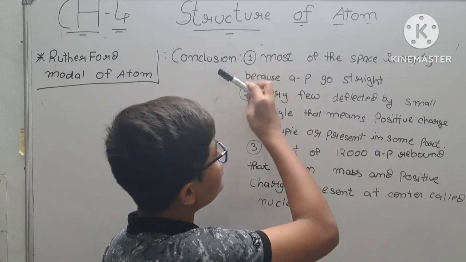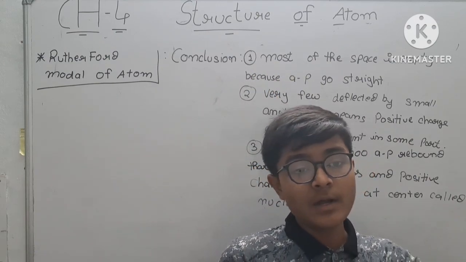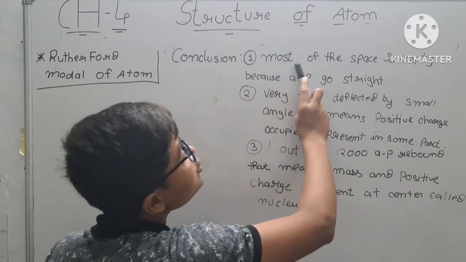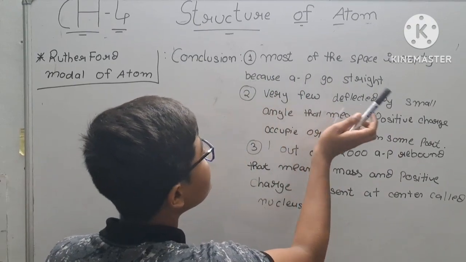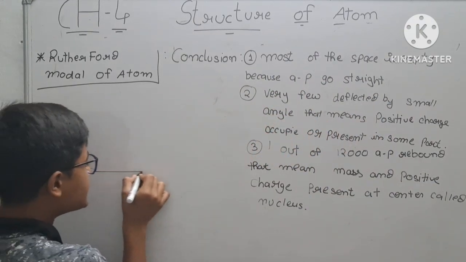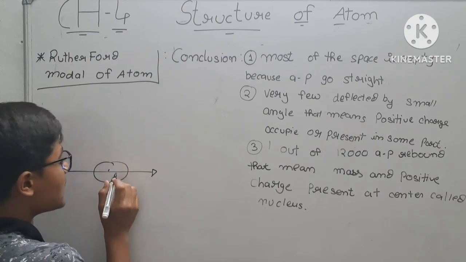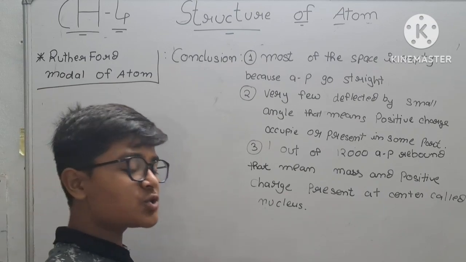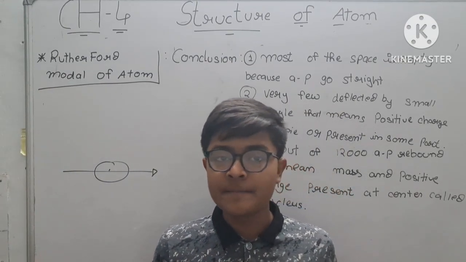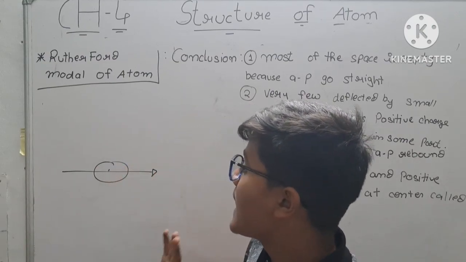After that, he concluded. That means after observation, he concludes the statement. Why? He observed that most of the space is empty because the alpha particles go straight. He said, as the alpha particles go straight, that means most of the space in the gold foil atom is empty.